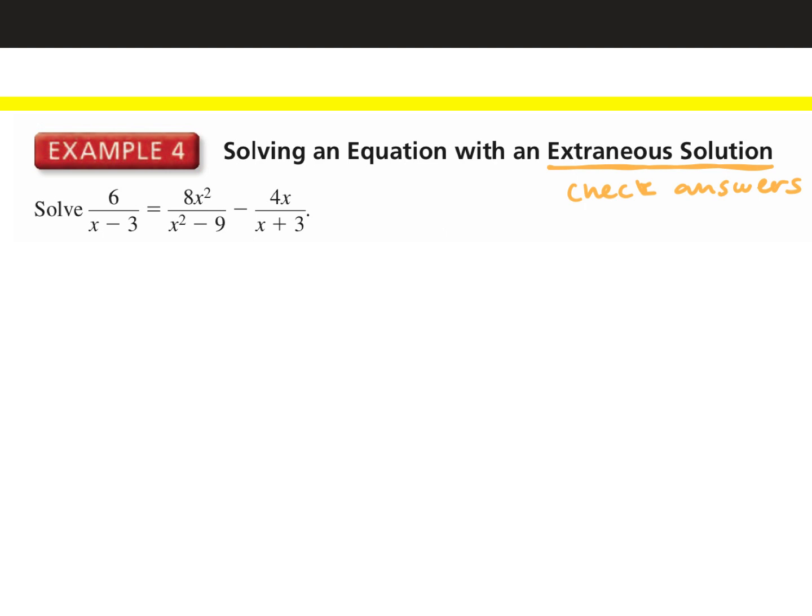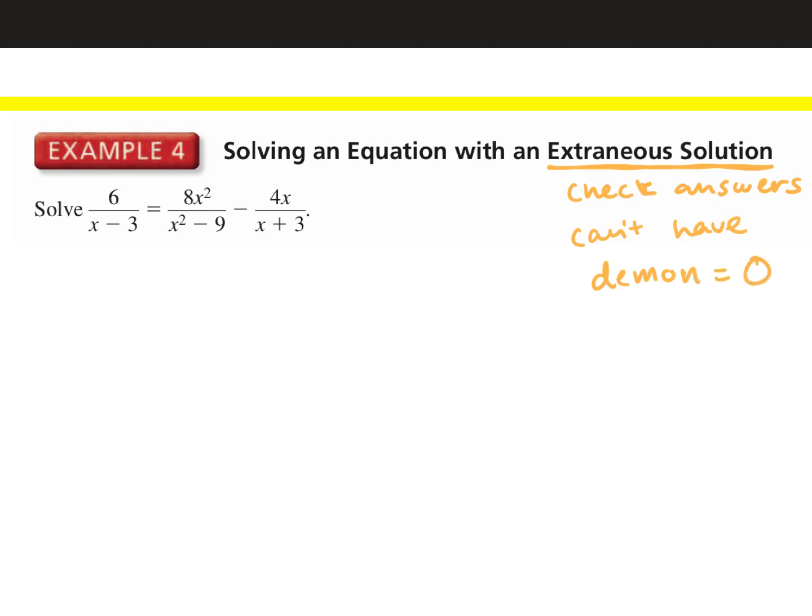We don't have square roots. Decimals would be okay. We can have negatives in a fraction. What could we not have in a fraction? We can't have the denominator be equal to what? 0.